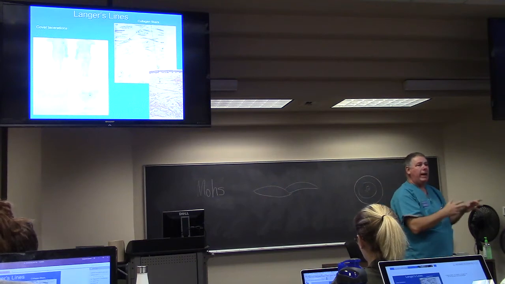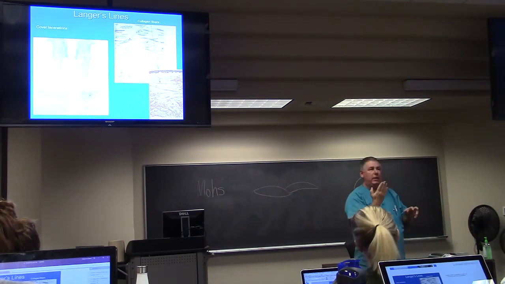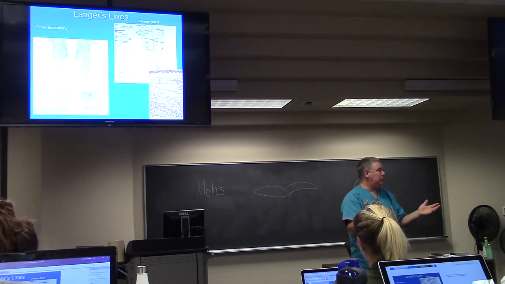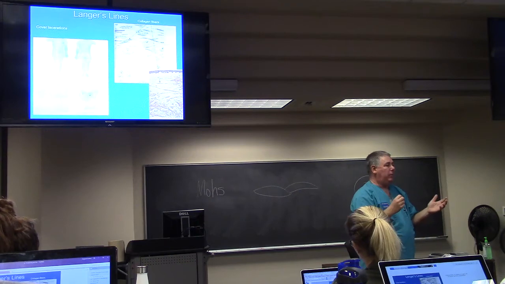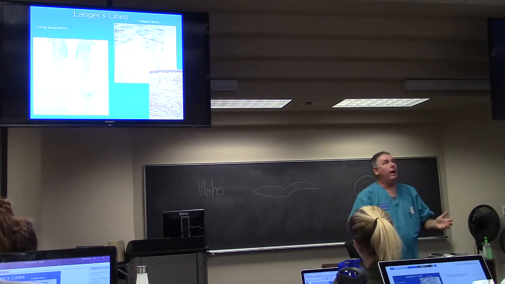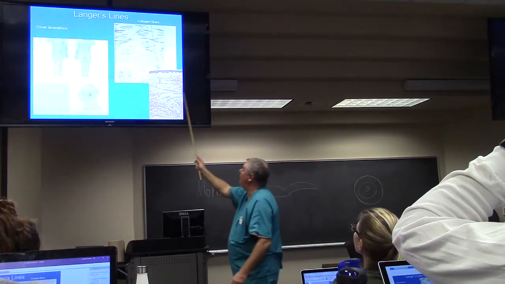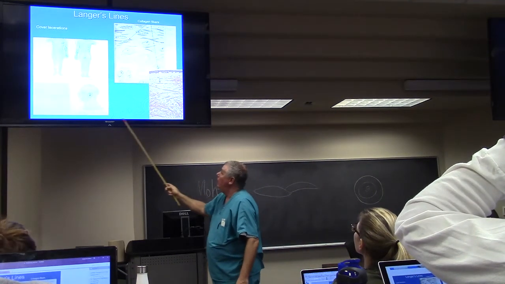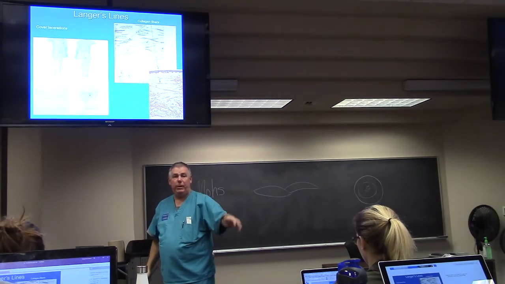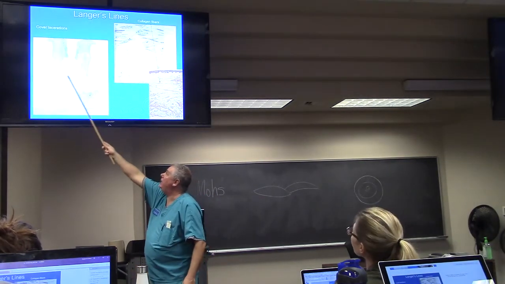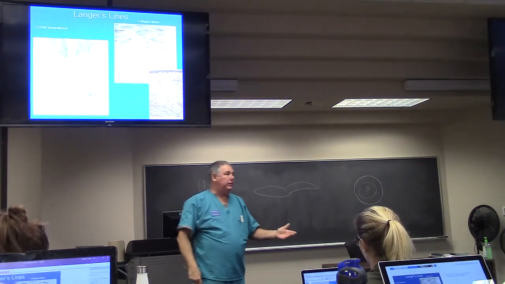And the lines are perpendicular to the stress, and so that's good because that gives you more strength. As you can see here, these fibers are tending to be running that way. If you look at your collagen, the way it's distributed in your skin, it's like that, along Langer's lines.